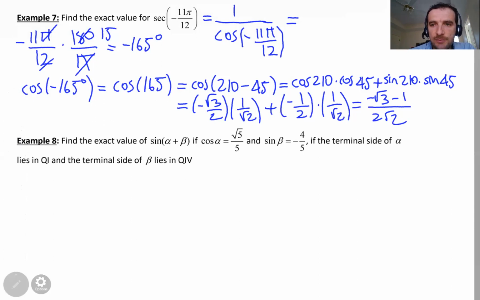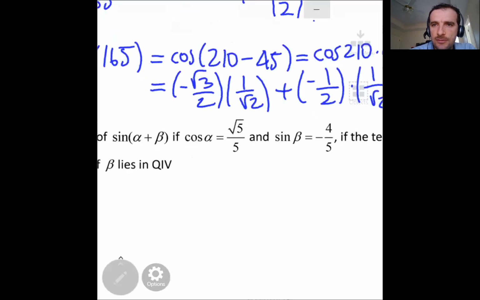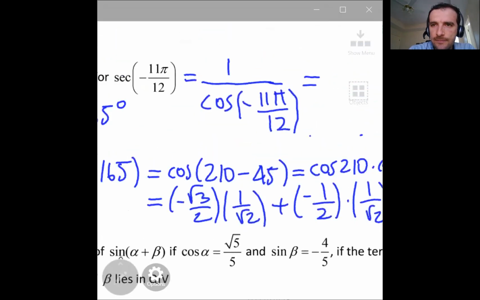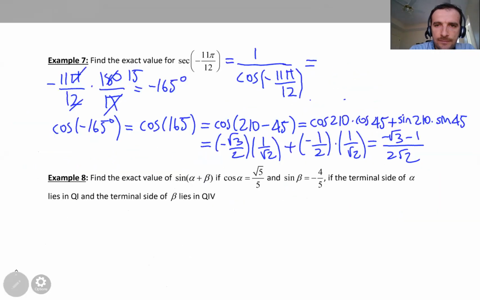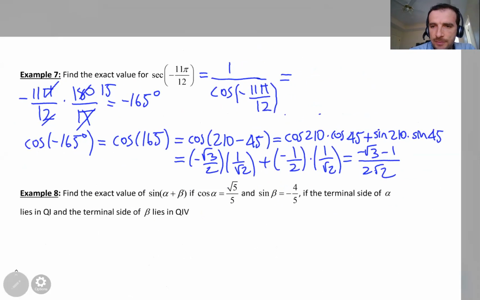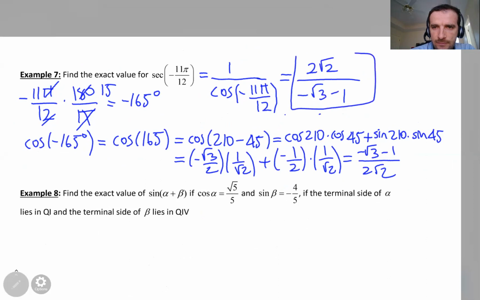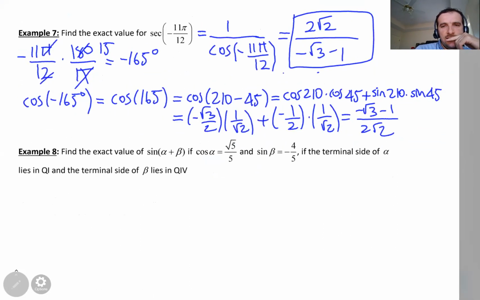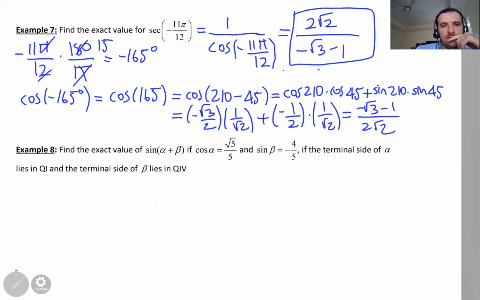So I just need to flip this number: 2 root 2 over negative root 3 minus 1. This is the final answer. I hope it is clear for everyone. So let's move to the next example.